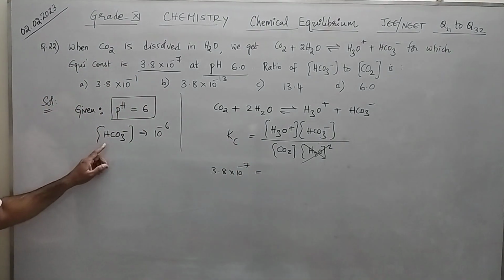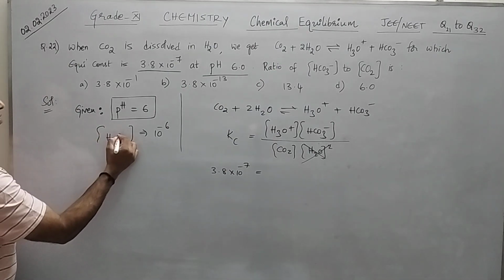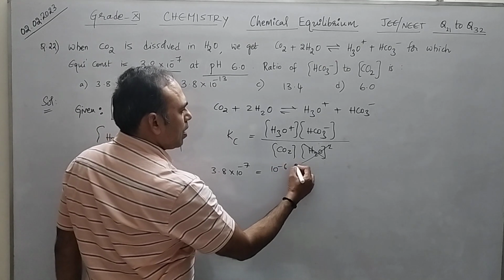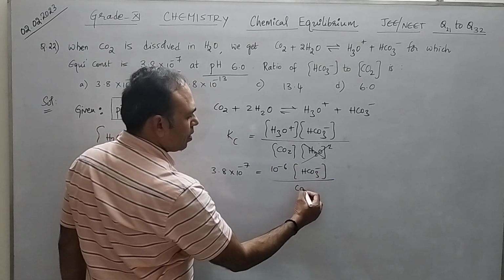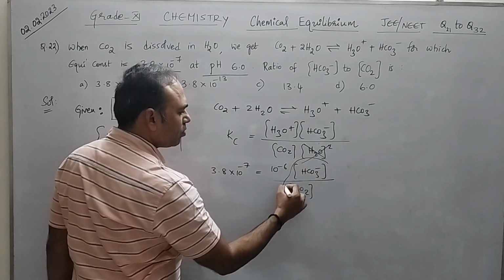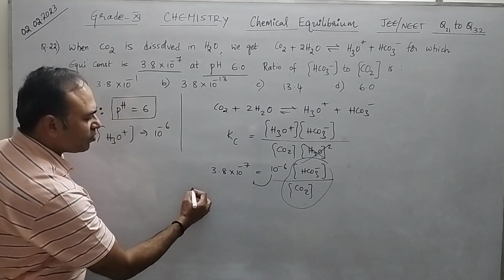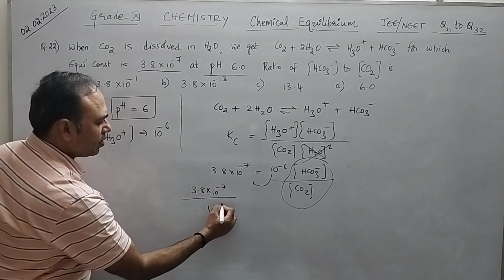Hydronium ion concentration H3O plus is 10 to the power of minus 6 into HCO3 minus by the concentration of CO2. Now we need to find only this ratio. So send 10 to the power of minus 6 to the other side, what do you get? 3.8 into 10 power minus 7 divided by 10 to the power of minus 6.